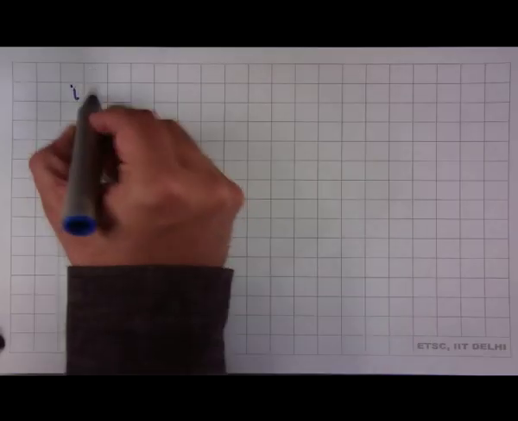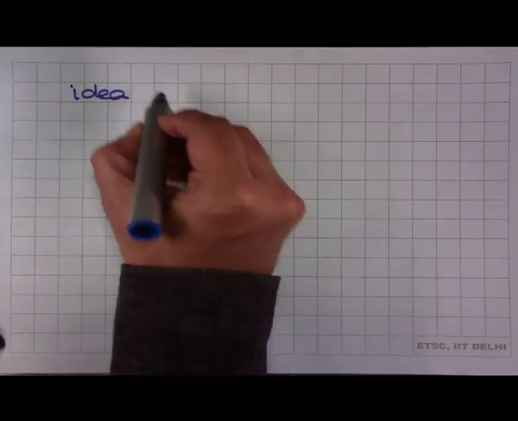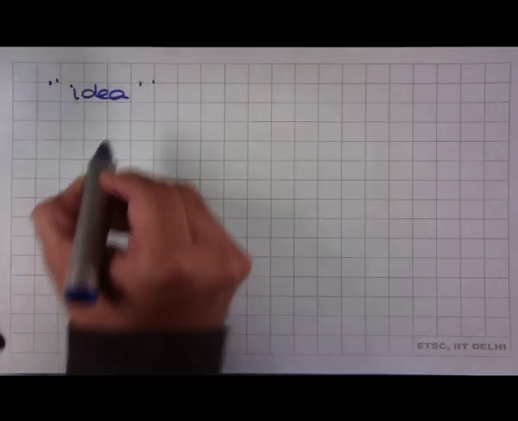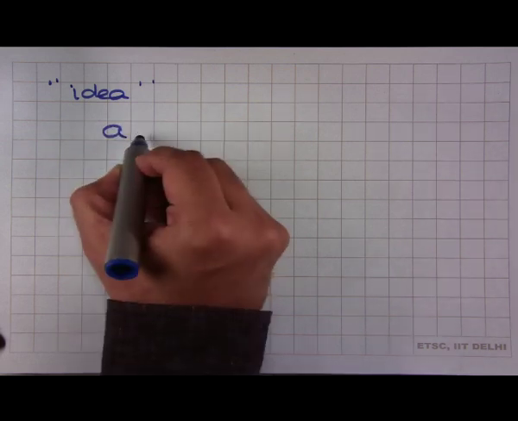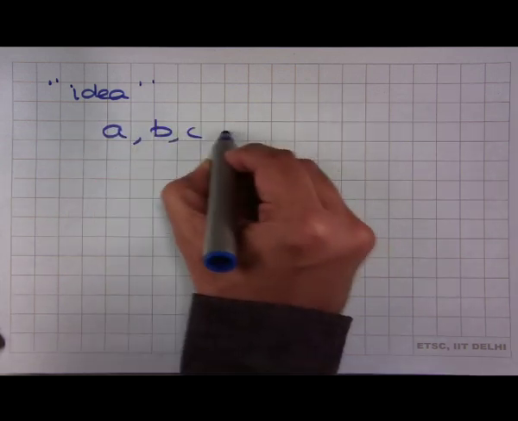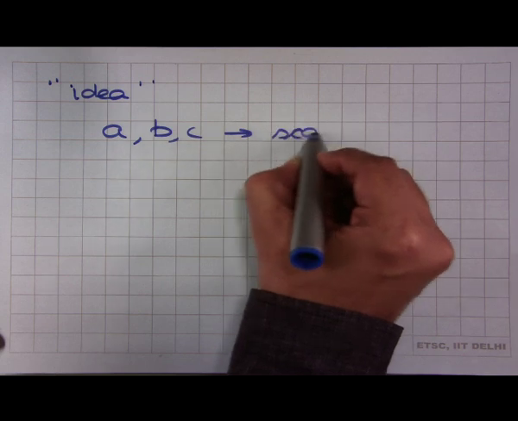What I mean is the following. Consider three numbers a, b, c, which are scalars.